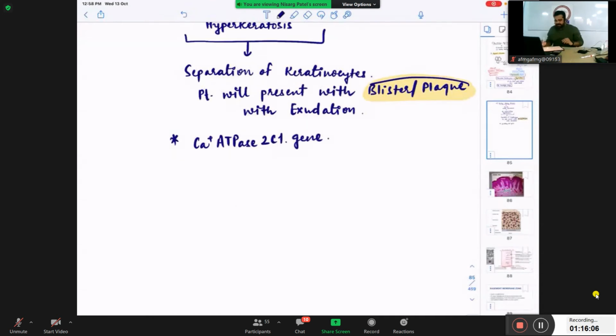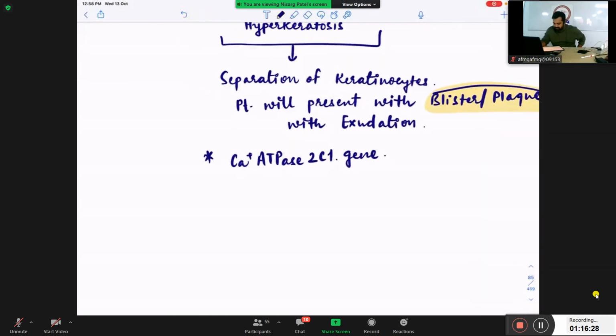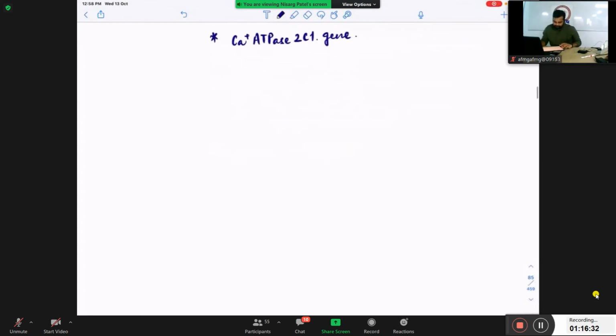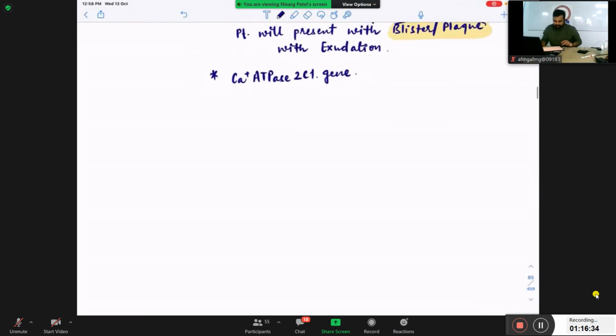In Hailey-Hailey disease, the gene which is involved is a calcium ATPase. So you can remember it like this: it is a calcium pump defect. So calcium ATPase 2C1 defect.